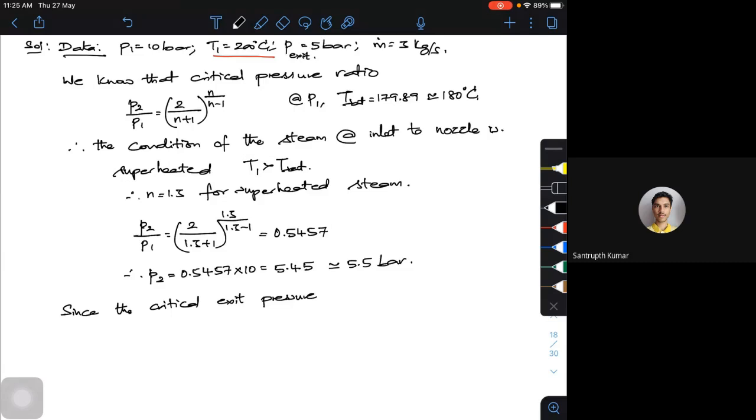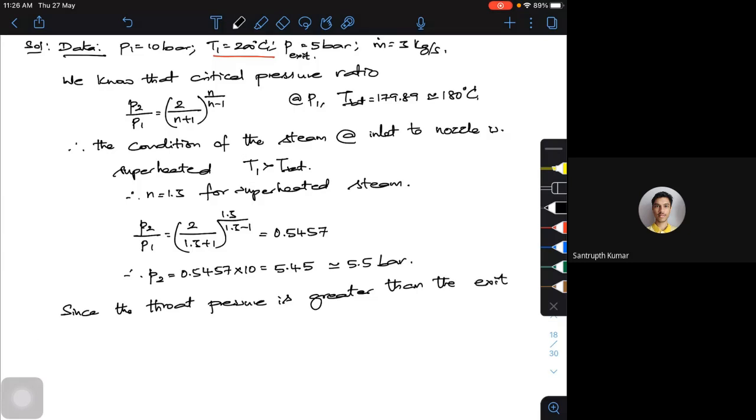Okay, what I am trying to get actually, this is a CD type of nozzle. The exit pressure is 5.5 bar. This is the throat pressure.